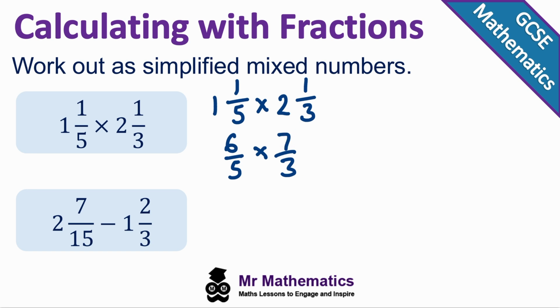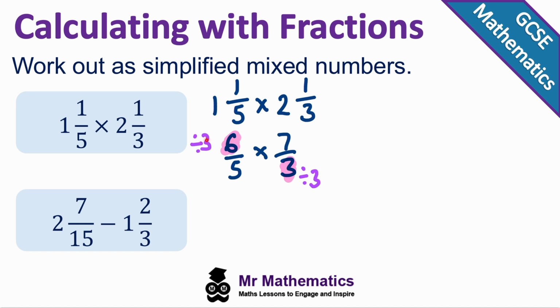So again, all we do is the 1 times the 5 added the 1, and 2 times the 3 added to the 1. Now we can simplify this product. We need a factor of one numerator and its opposite denominator. And you can see that both of these numbers will divide by 3. So we can rewrite this product.